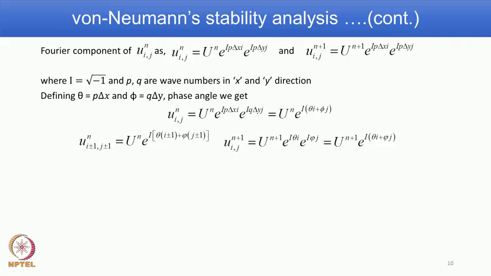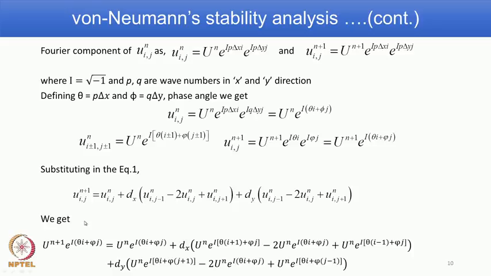As we did in the one dimensional case, we define I as the square root of minus 1, and p and q are wave numbers respectively in the x and y direction. Now, we define theta equal to p into delta x, phi equal to q into delta y.